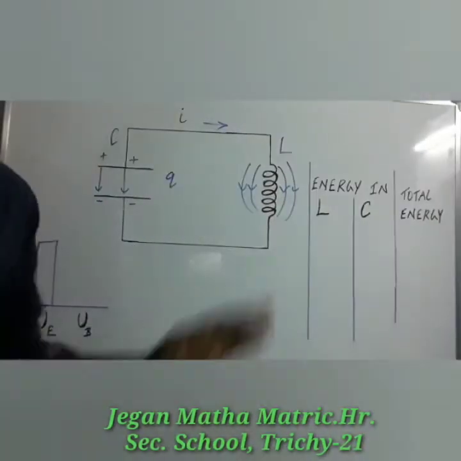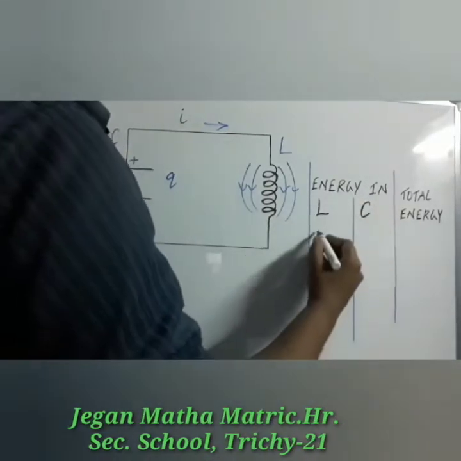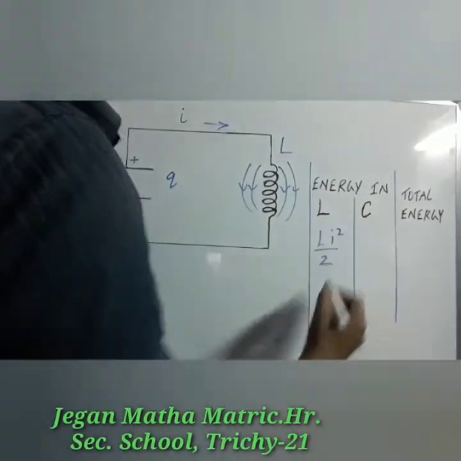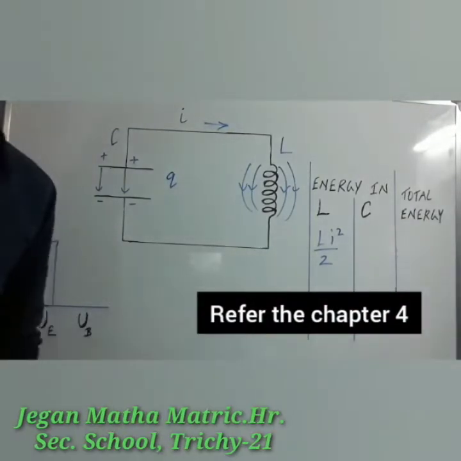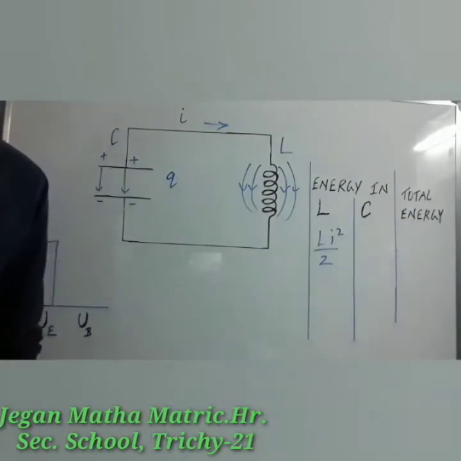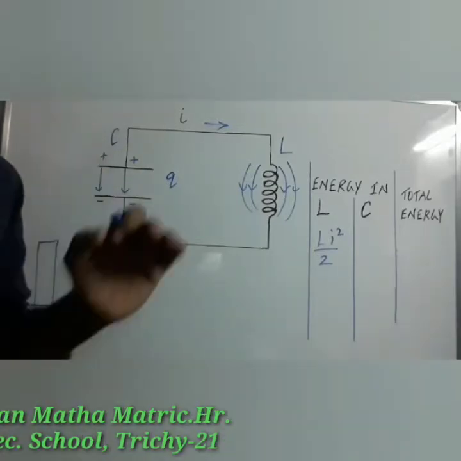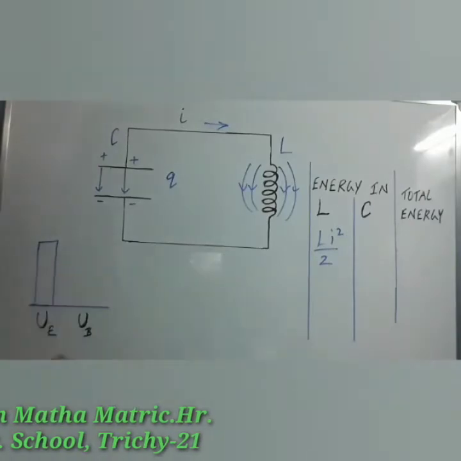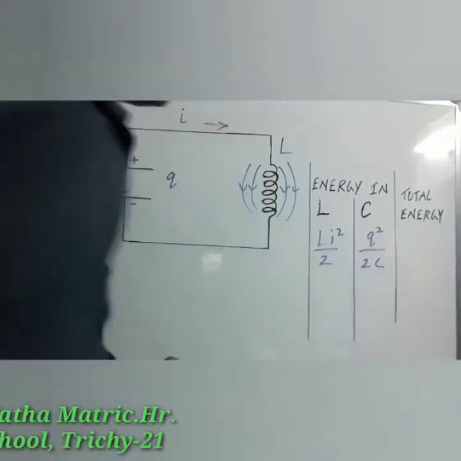The energy stored in the inductor is given by L i squared by 2. This expression also we have learned in inductors. The charge in the capacitor decreases, so the energy stored in it also decreases. Now it can be written as q squared by 2C.